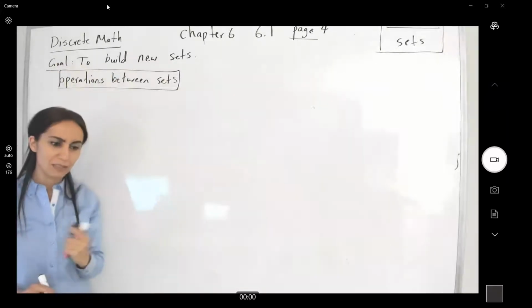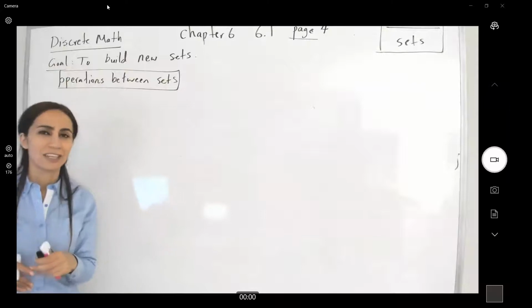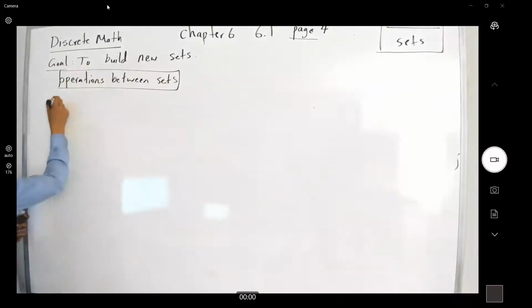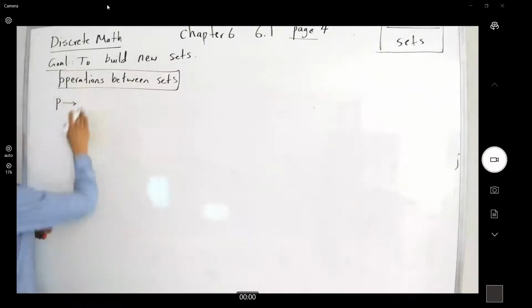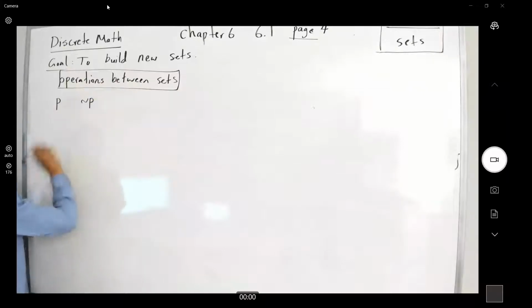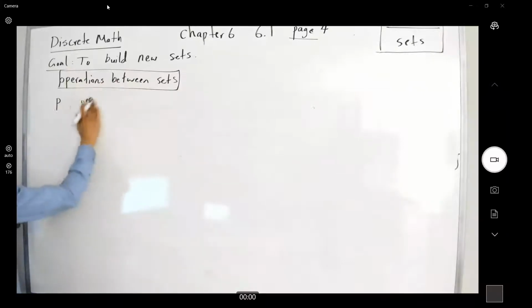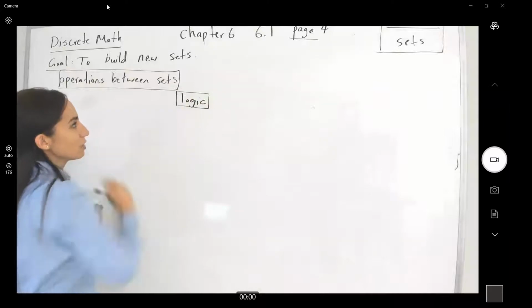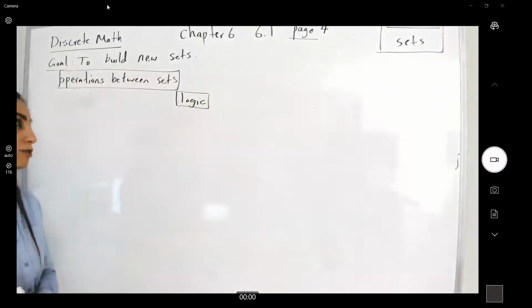Very well. Like in logic, remember we had a statement like P, and we find the negation of that statement with not P. This is what we learned in logic. I'm going to write down the logical equivalence of all of these operations that we're going to use.